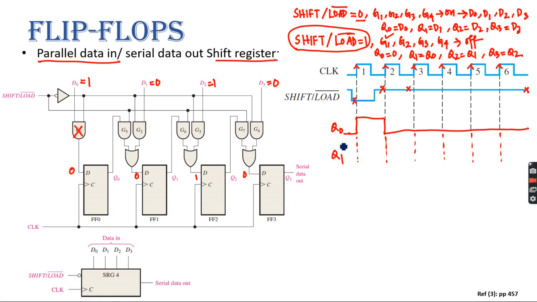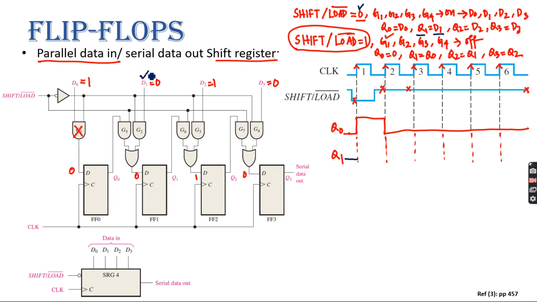Okay. So if you consider Q1 was in the 0 state as well, just before the first positive pulse, what is the value of shift and load command? 0, right? Yes, sir. So if it is 0, Q1 will follow D1, right?